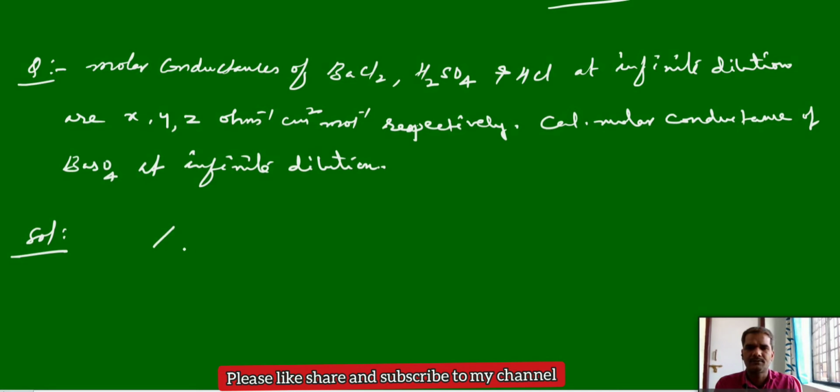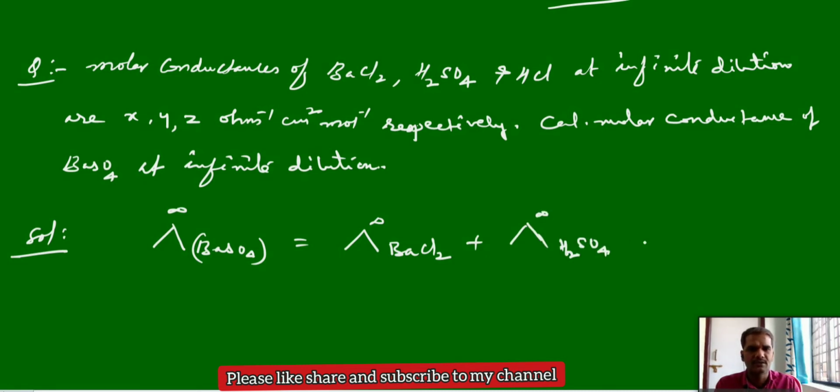For barium sulfate, we can write directly: molar conductance at infinite dilution is equals to, we require the barium ion. Barium ion can come from barium chloride at infinite dilution. Next we require sulfate, that will come from sulfuric acid. So that is equals to H2SO4 at infinite dilution minus.